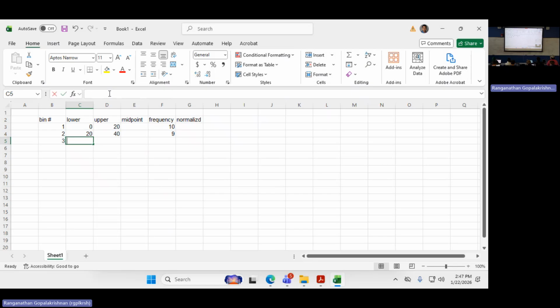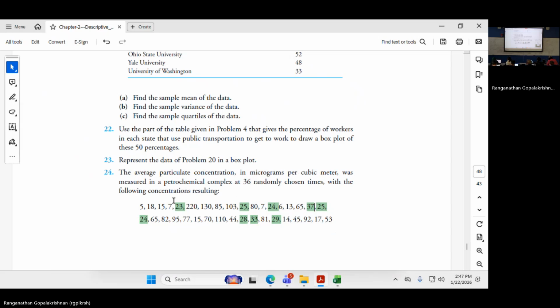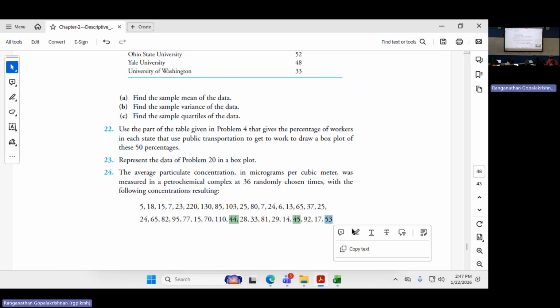Third bin, 40 to 60. Okay, so I have 40 to 60: 44, 45, 53.